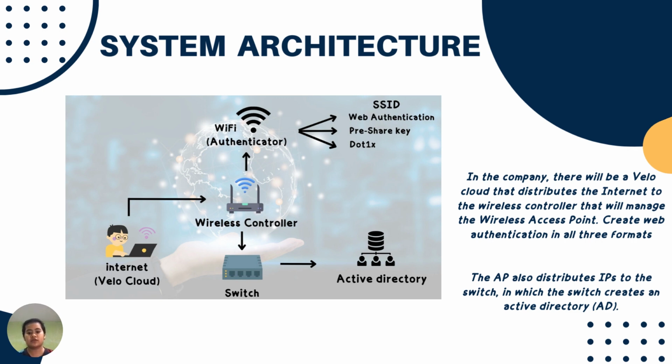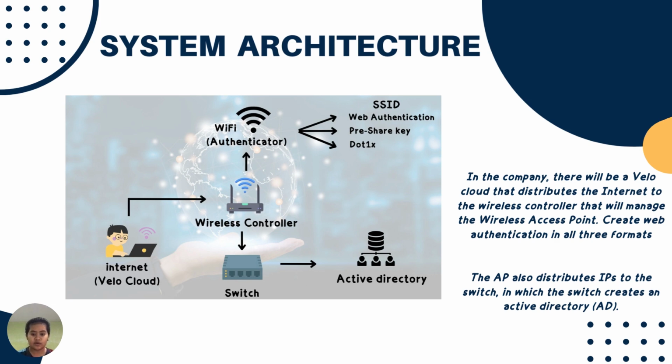System architecture in this company: there will be a below cloud that distributes the internet to the wireless controller, which will manage the access point, or AC, and create web authentication in all three formats.